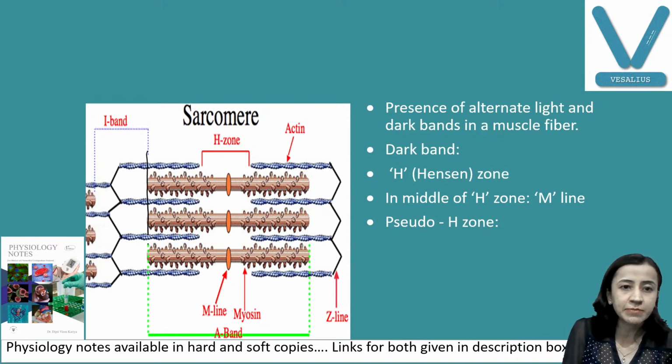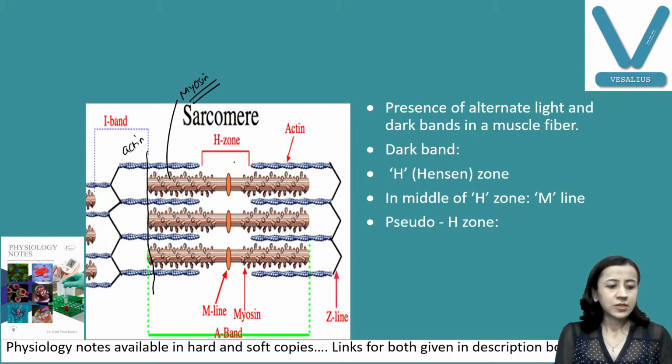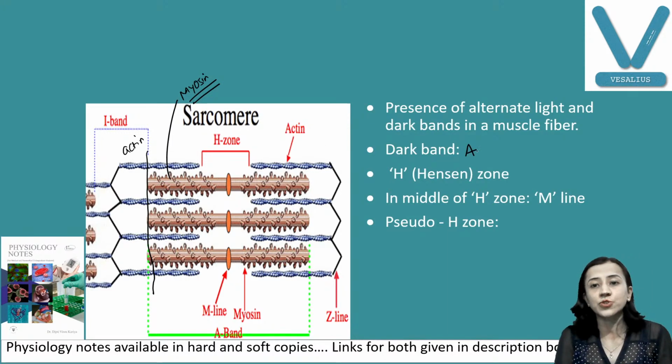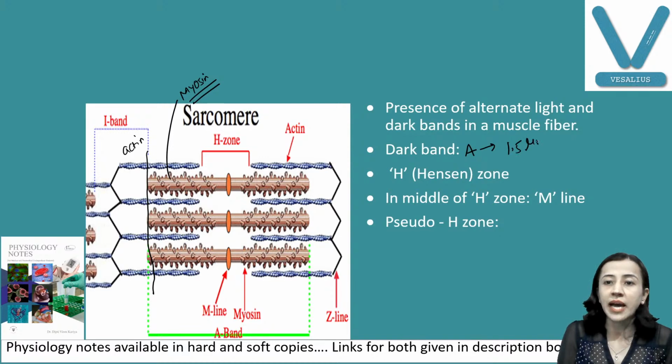This is the light band, which contains only actin filament. But if it contains myosin filament also, that is the dark band. The dark band is also known as the A band because it is anisotropic to polarized light. The length of the A band is 1.5 micrometer.